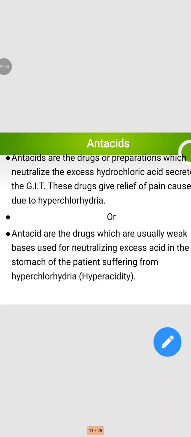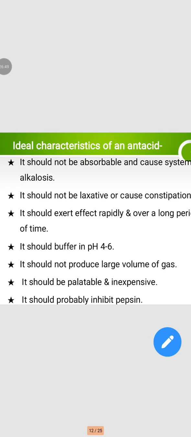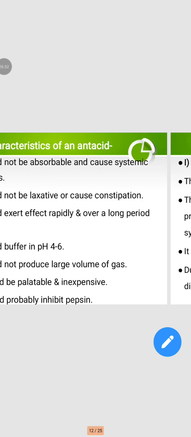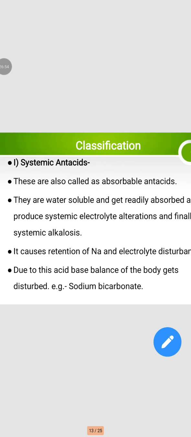Then second one is antacids. Antacids are drugs, usually weak bases, used for neutralizing excess acid in the stomach of patients suffering from hyperchlorhydria. Then ideal characteristics of antacids. Then classification of antacids. First one is systemic antacids, also called absorbable antacids.